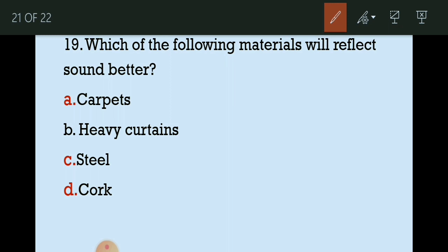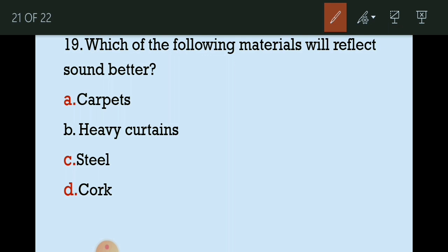Okay, now one thing I want to tell you, that in order to create an echo, there are two conditions. That is, the reflected sound should come back after 0.1 second. If it comes back before 0.1 second, then our ear is unable to distinguish between the original sound and the reflected sound.